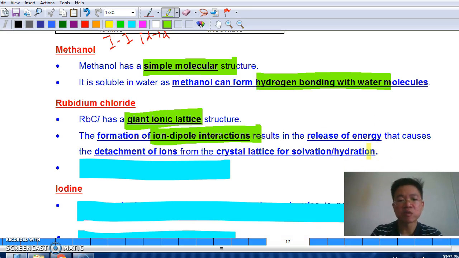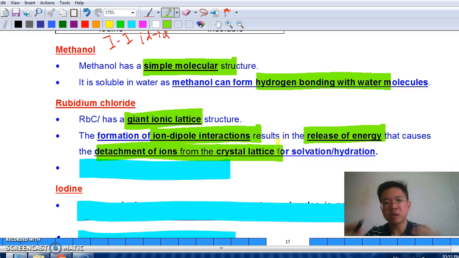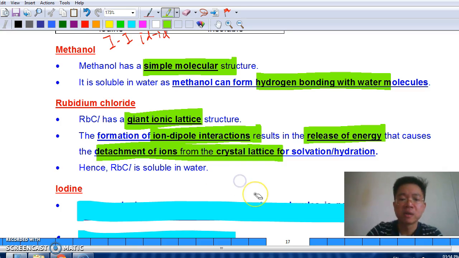Then we will describe this interaction. This interaction is stable enough because it gives out energy, and the energy given out is used to break up the ionic lattice structure, and that causes the whole structure, the solid, to disintegrate into Rb plus and Cl minus ions.